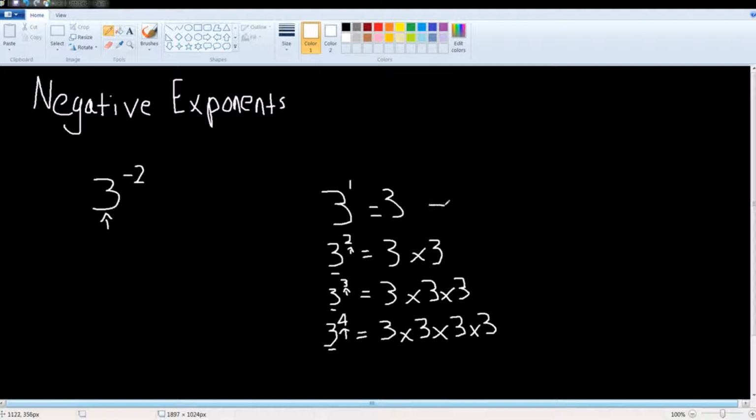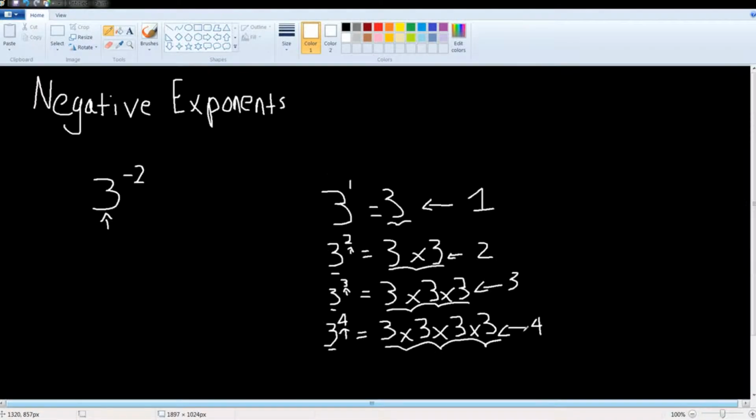As you can see, the exponent tells us how many 3's we should see when we're multiplying them all together. Here we see 1, here we have 2, here we have 3, and here we have 4.